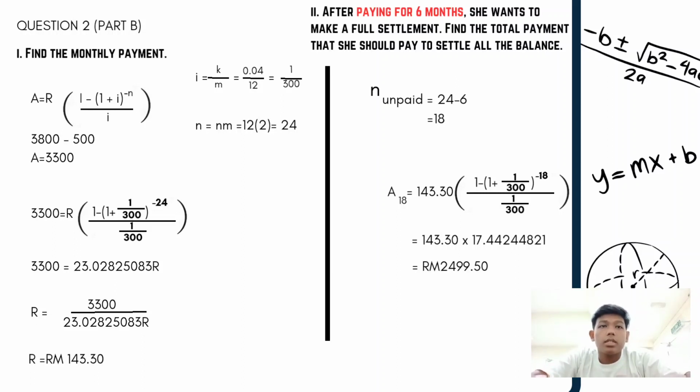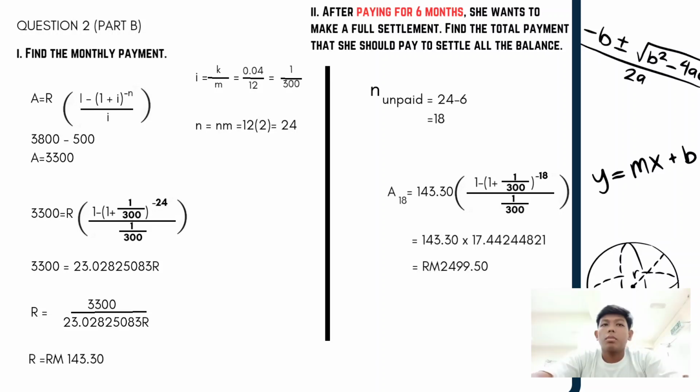The original number of months that she needs to pay is 24 months, but we need to subtract 6 because she has already paid for the phone for 6 months. So it will be 24 minus 6, and the answer is 18. For this question, it uses the same formula as the previous question, but we just need to change the n value to negative 18 and transfer the R value into this formula, and the answer is 17.44244821.